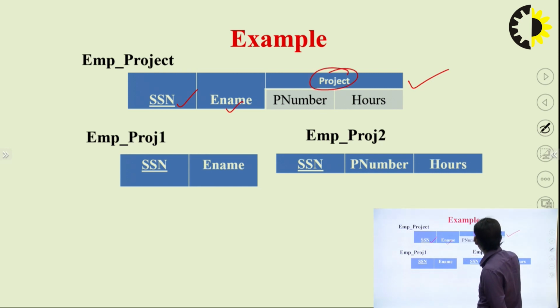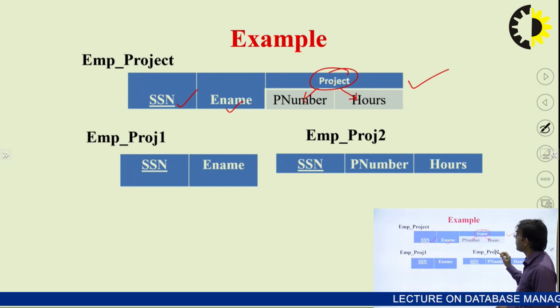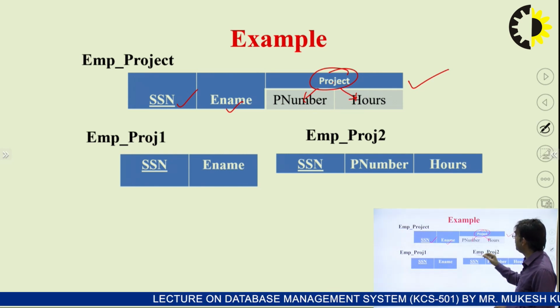This project contains multi-valued data. Why? Because this project contains P number and hours. What will happen in first normal form? In first normal form, composite attributes are not allowed. That's why we have to convert this relation into first normal form.